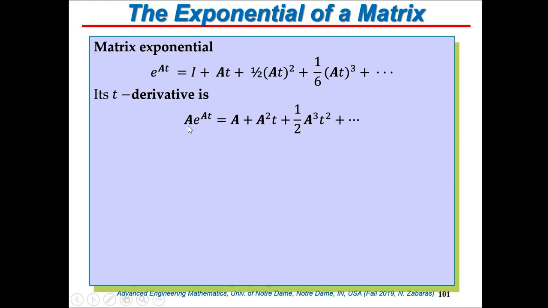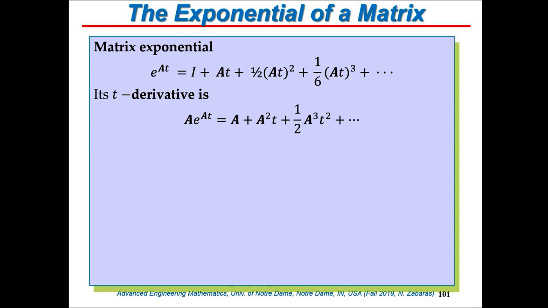So if you want to write in compact form the solution to du/dt = Au, you just write e^(At) times u0. And I think that expression should become the highlight at the end of this slide.